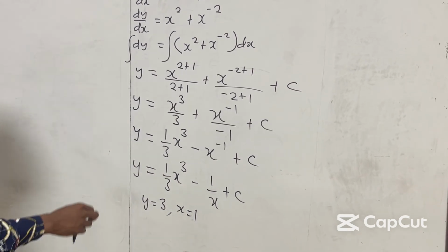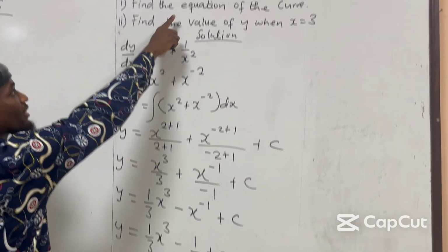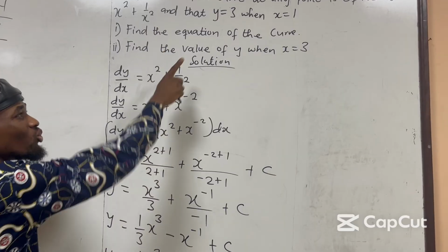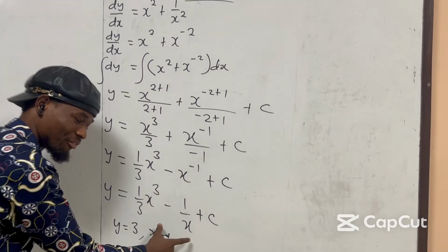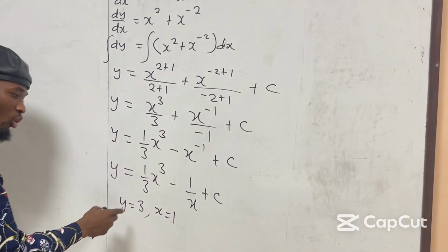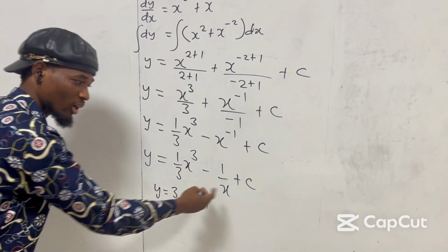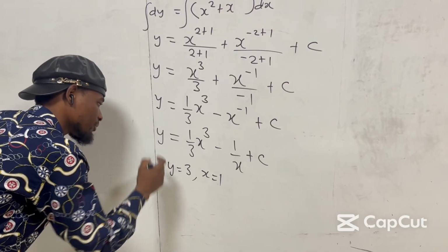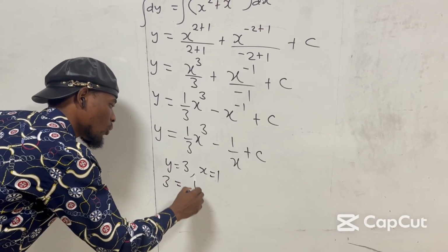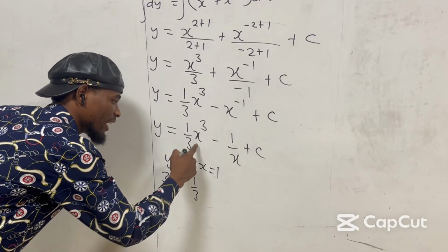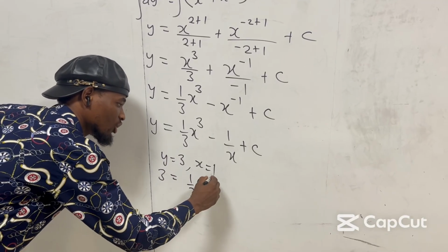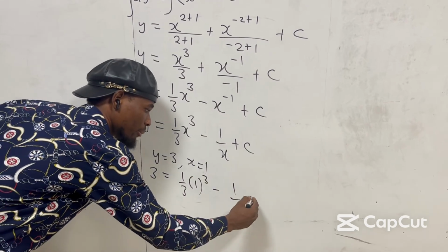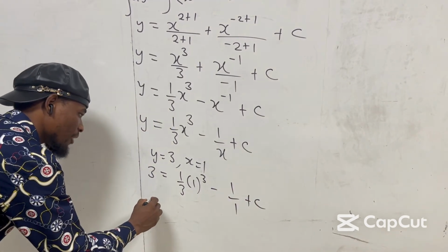In order to answer the first question, that is, find the equation of the curve, this is not the final answer. Do you get that? Because we're given extra information in order to find what? The constant of integration. So I have 3 is equal to 1 over 3 times 1 cubed minus 1 over 1, then plus c.